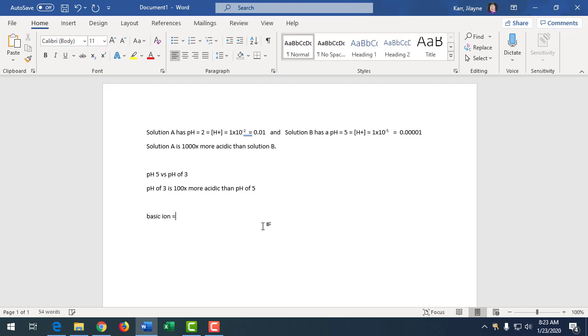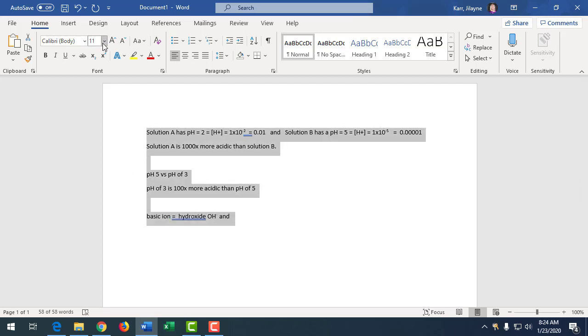So when it's released in solution, so we said OH was a basic ion. Another one is bicarbonate ion. So this is called hydroxide ion. Hydroxide ion. I'll make this bigger too so everybody can see this a little better.